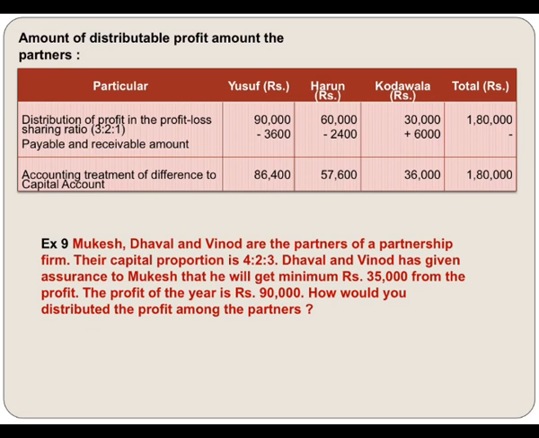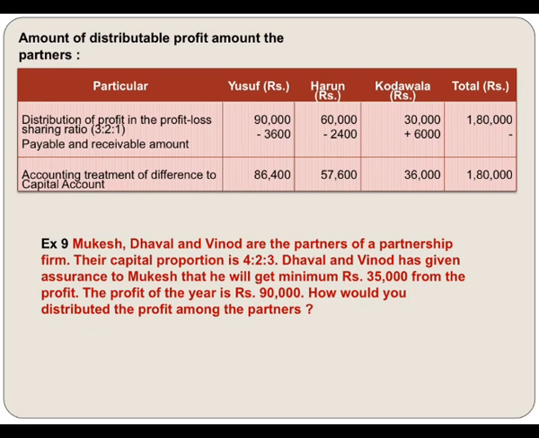So Yusuf will get 86,400 instead of 90,000. Harun will get 57,600 instead of 60,000, and Kodawala instead of 30,000 will receive 36,000. Is it clear?